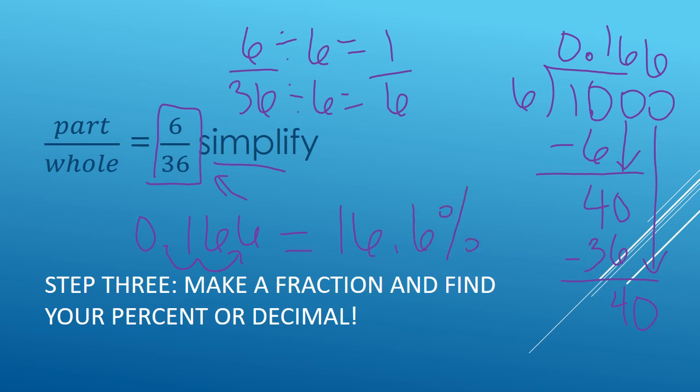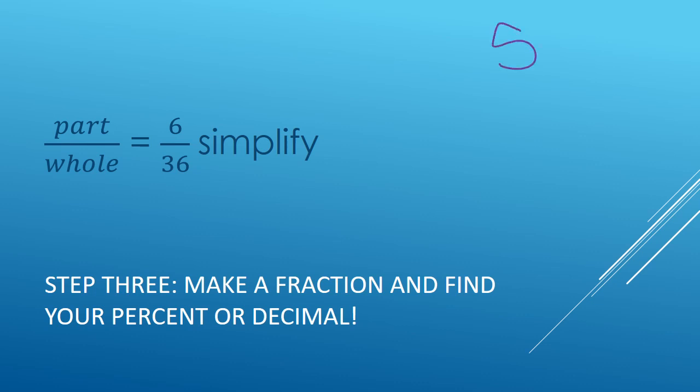To check this, you can just add up all of our percents. So we know that it's 50% plus 16.6% plus 1/3 as a percent, which is 33.33%. When I add up all of these numbers, I'm going to erase everything and rewrite it. 50% plus 33.33%, I'm going to add that up.